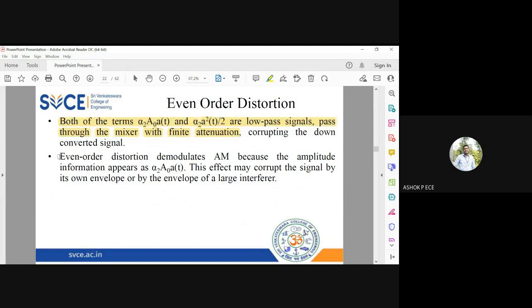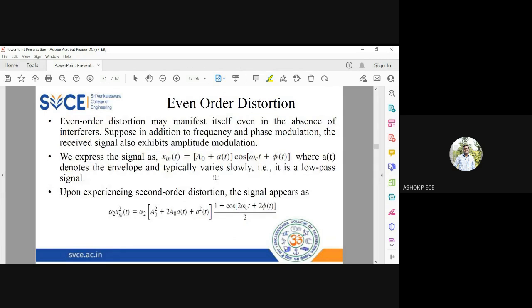Even order distortion demodulates AM because amplitude information appears in the first term. So if alpha 2 a naught into a of t is the actual message, alpha 2 into a square of t is going to be your second order harmonic, and this is also going to be second order harmonic.